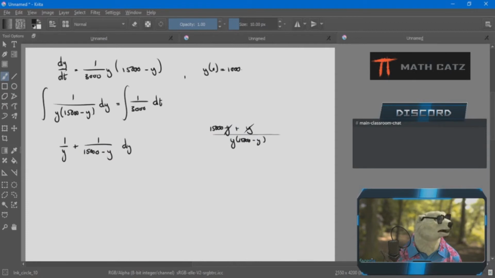How can I manually adjust that? Well, simple enough. I just have to put a 1 over 15,000 in front, and then it'll cancel with this 15,000. Problem solved.